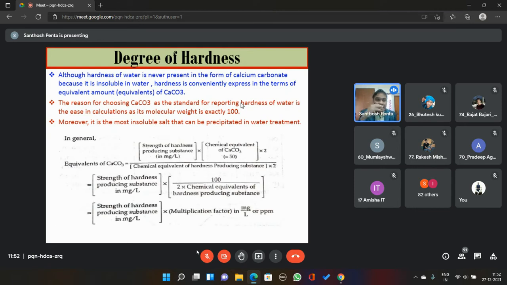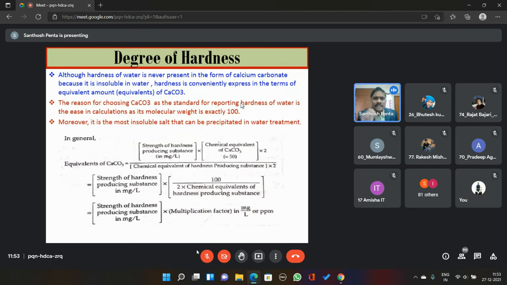Sometimes in the examination they may ask why hardness should be expressed in equivalents of calcium carbonate. Then you have to say, sir, the molecular weight of calcium carbonate is 100 and its equivalent weight is 50, so there will be ease in the calculation. That is one factor. Another factor is that it is the most insoluble precipitate in the water sample. Hence they chose calcium carbonate as the indicating factor. Any type of hardness should be expressed in equivalents of calcium carbonate.